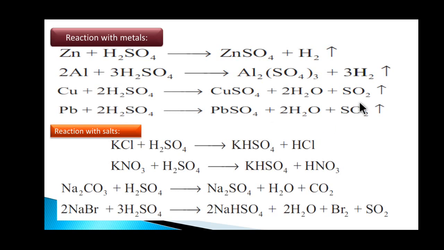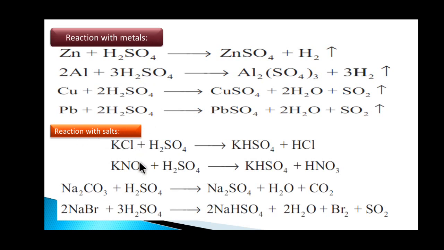So that is the condition. Zinc reacts with sulfuric acid, generally as a metal, to produce a metal sulfate, and aluminium reacts with sulfuric acid to give aluminium sulfate. Copper reacts with sulfuric acid to give copper sulfate, and lead reacts with sulfuric acid to give lead sulfate. So this shows the reaction of metals with sulfuric acid.